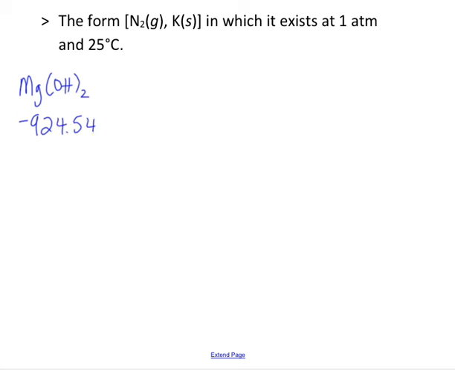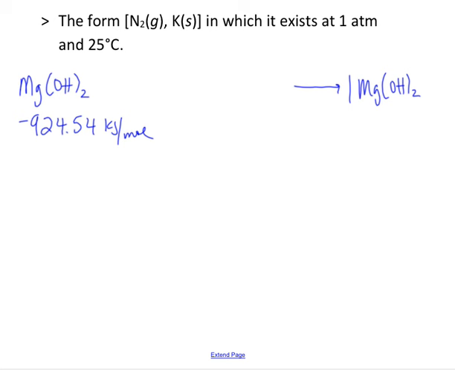That's how many kilojoules per mole it takes to form 1 mole of magnesium hydroxide from its elements. So you may be asked to write a heat of formation equation. To do that, we're going to form 1 mole of magnesium hydroxide. We cannot change the 1 in that equation. If it ends up we have fractional coefficients, so be it. That's not a problem. In this one, we're not going to.